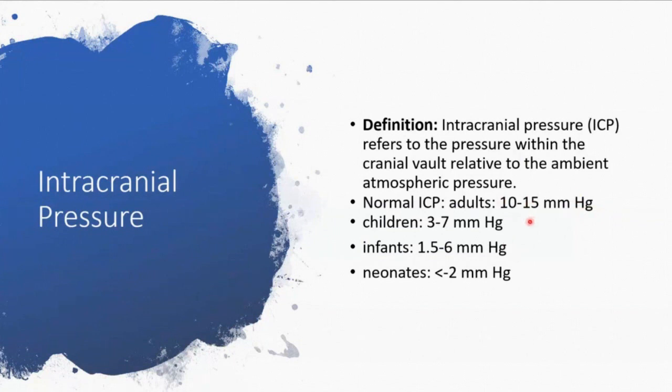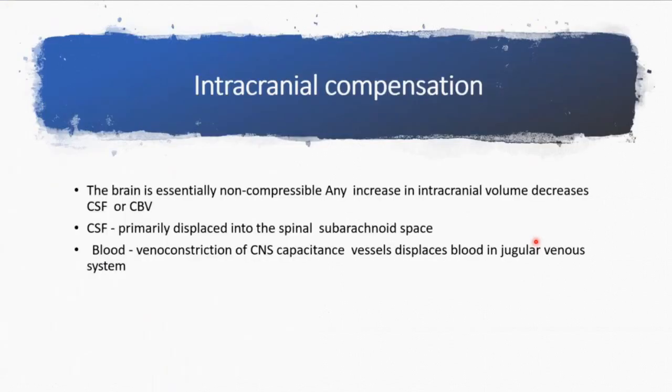Usually, we consider the ICP pathological when it is sustained above 20, and this is when we start to treat, because between 15 and 20, we think the brain can compensate. After that, it will start to fail on compensation. So again, the brain compensates.